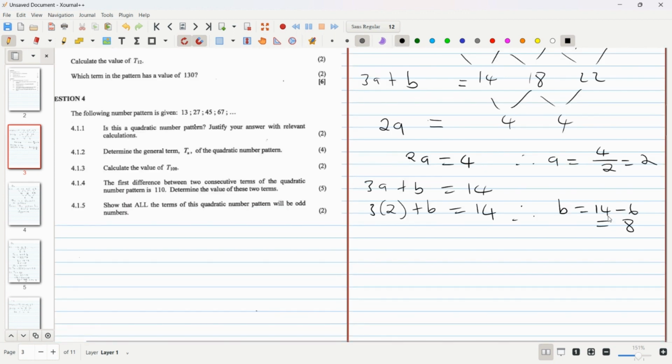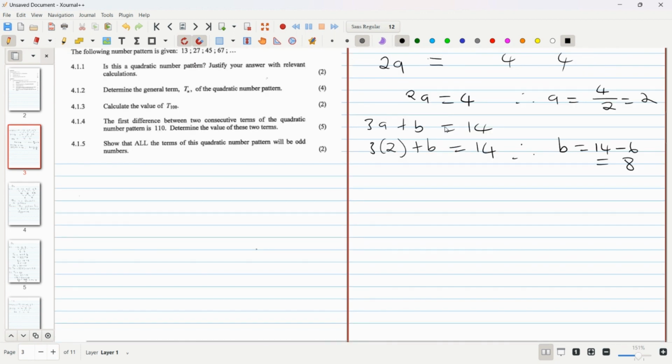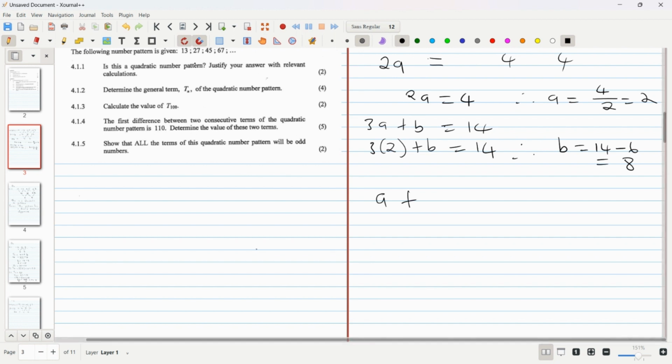Okay. And then now we go to the last one, a plus b plus c equals 13. So the value of a we know is 2. The value of b, we calculated it as 8. And then c here, now we can solve for c.